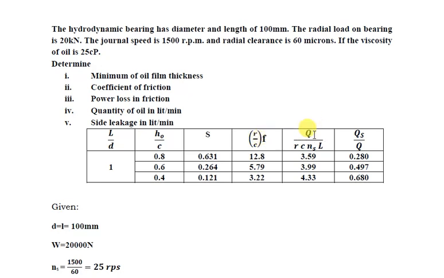Then Q upon rcNsl is again provided, where Q is the corresponding quantity of lubricant required, and the side leakage to flow rate ratio Qs upon Q is given in this numerical. So we will solve this numerical.